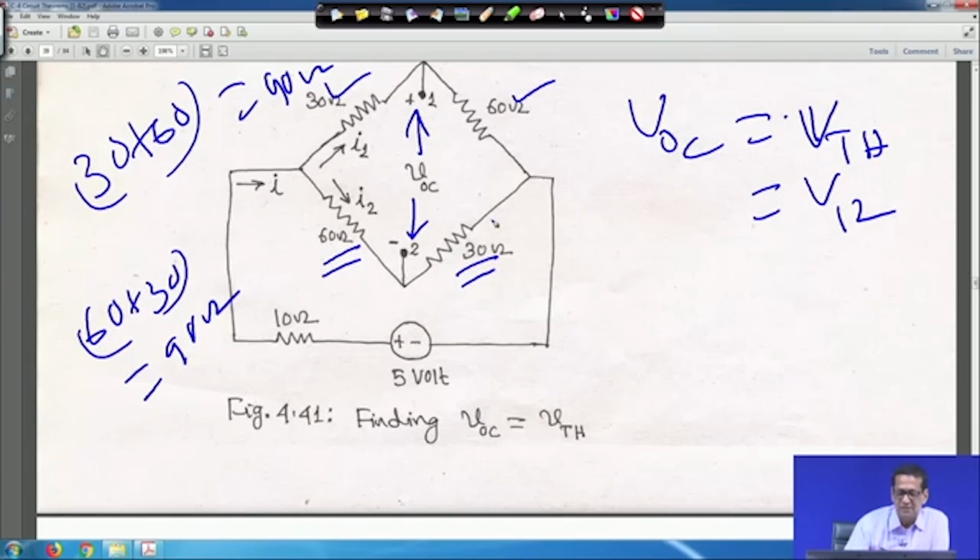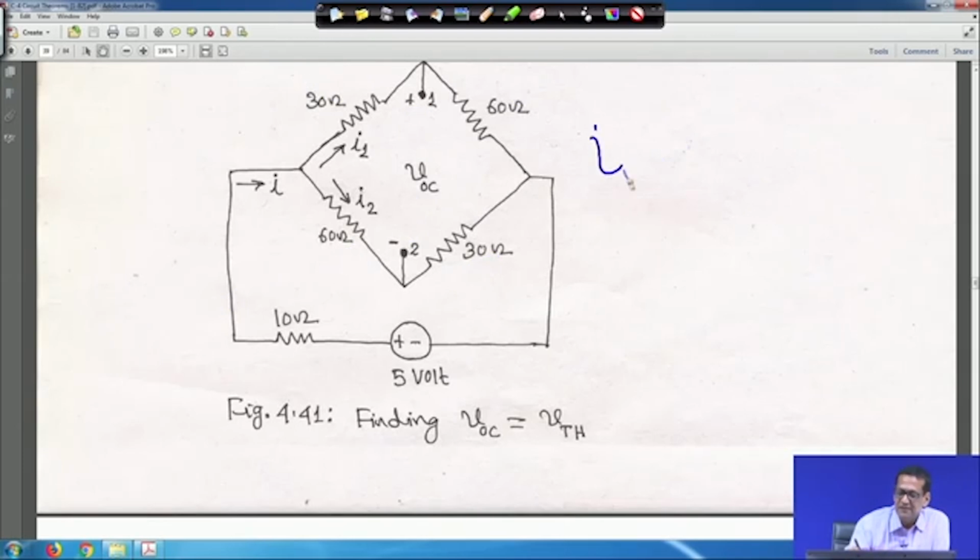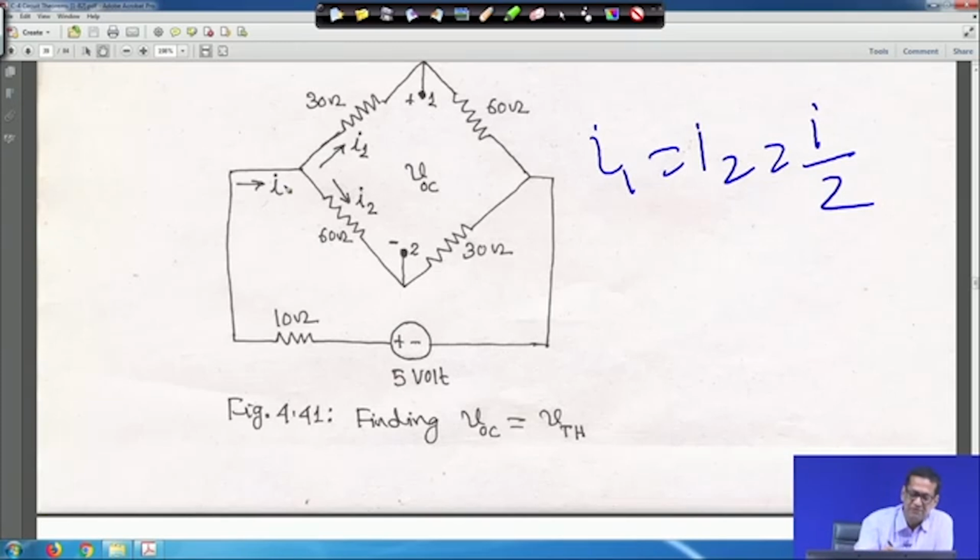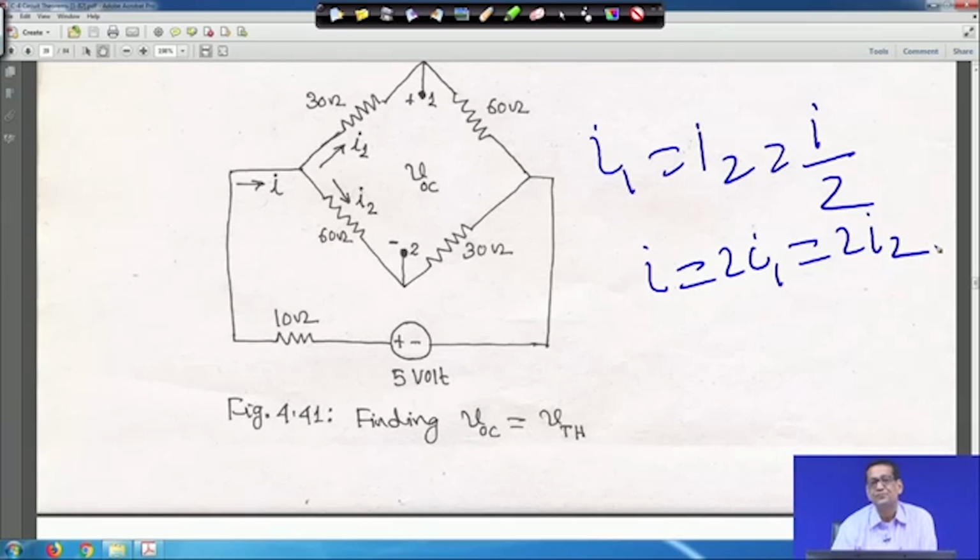So, here it is in series, 90 ohm and 90 ohm. That means, let me clear it, I1 is equal to I2, equal to I by 2, because whatever current is entering at this point, half of I will go here, half of I will go here. So, I1 is equal to I2, that means I is equal to 2 I1, right, is equal to 2 I2. This is the first thing.